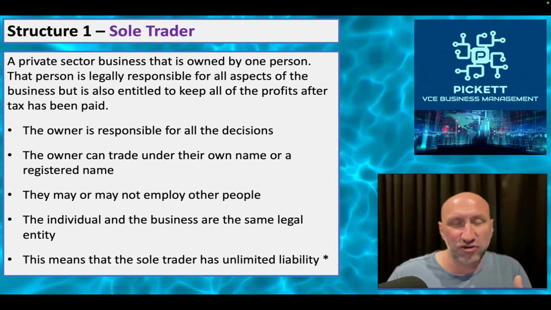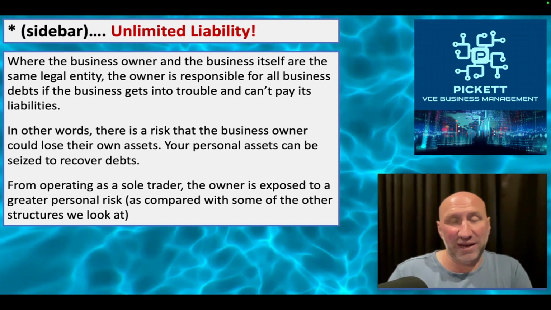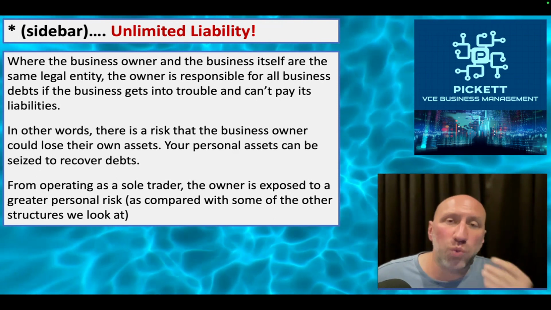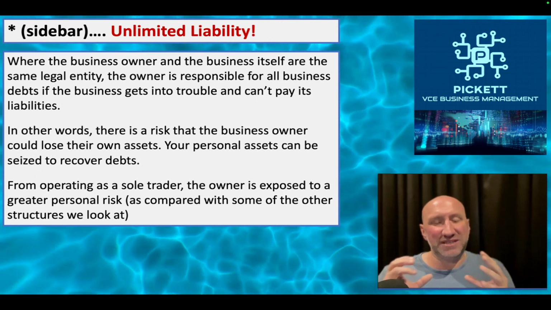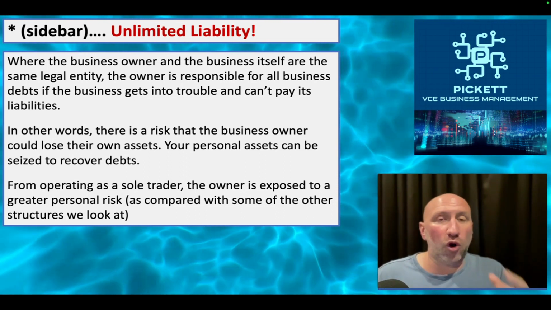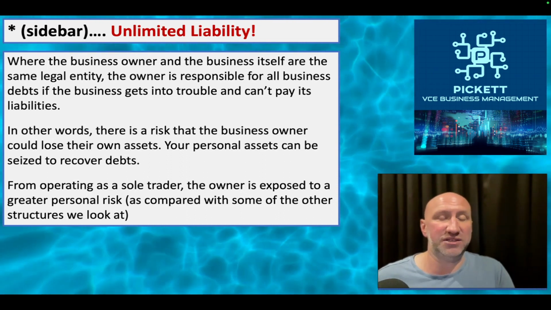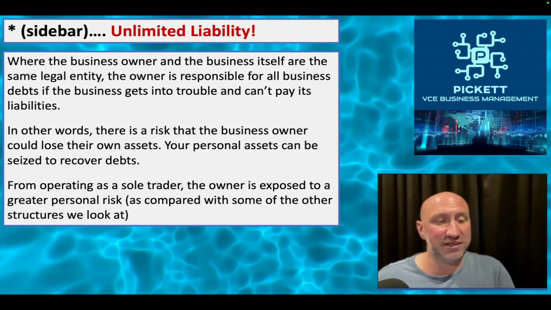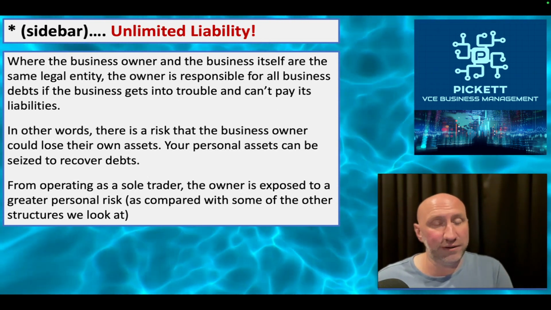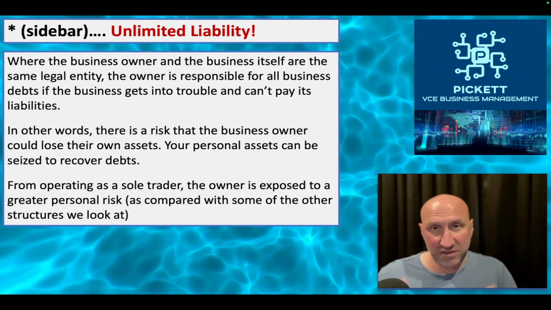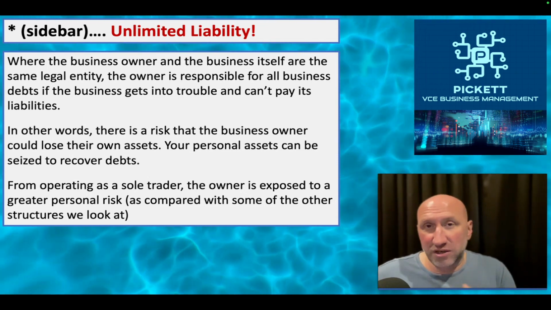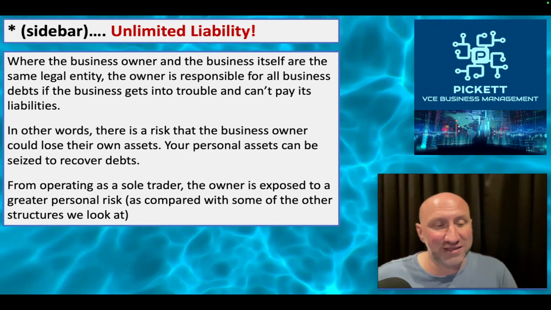So little asterisks there. Let me just explain before we move on to anything else what we mean by this. Where the business owner and the business itself are the same legal entity, the owner is responsible for all business debts if the business gets into trouble and can't pay its liabilities. So in other words, if you are set up as a sole trader with unlimited liability, because that's part and parcel of it, there is a risk that the business owner, if things go wrong, could lose their own assets, okay?